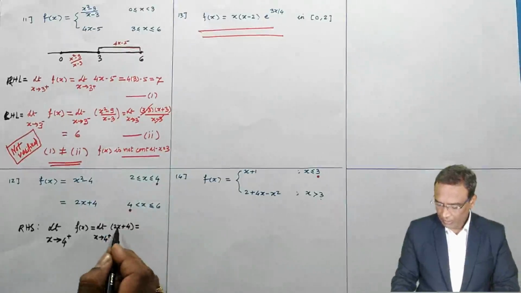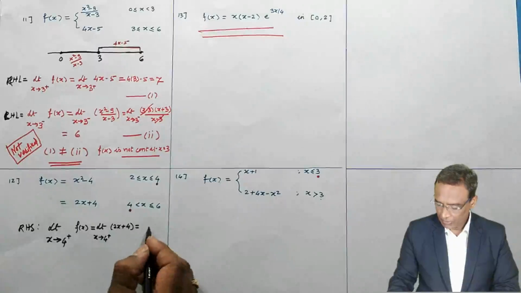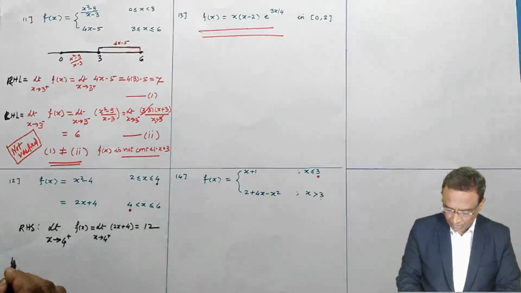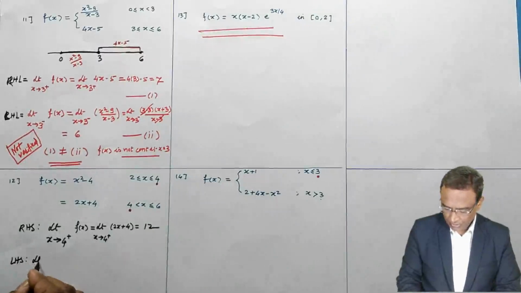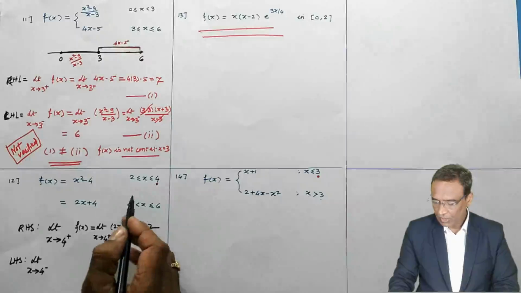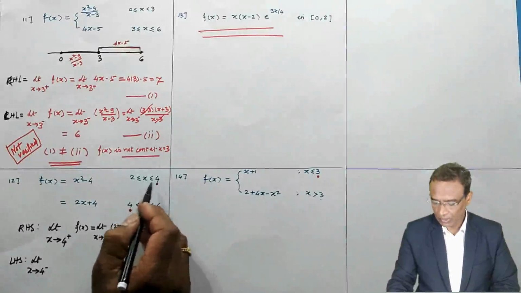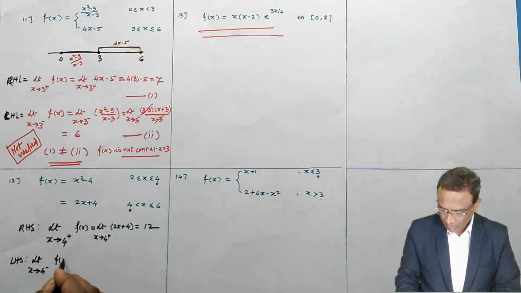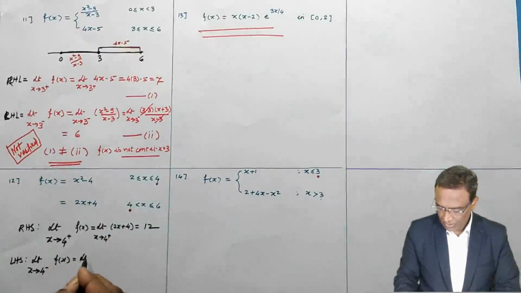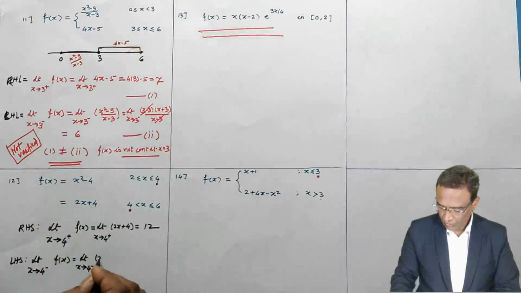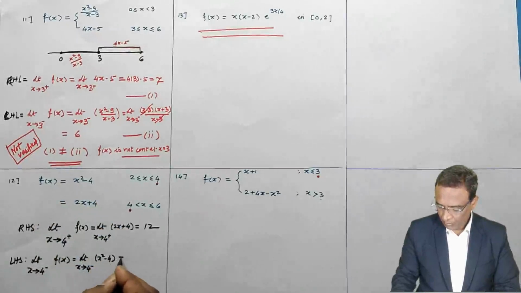While evaluating the limit, put x equal to 4. 4 into 2 is 8, 8 plus 4 is 12. Okay. The left hand limit is what? Limit x tends to 4 minus. 4 minus comes under here, less than 4, a little bit less than 4. And the value of f(x) I am writing here is x square minus 4, and put x equal to 4.